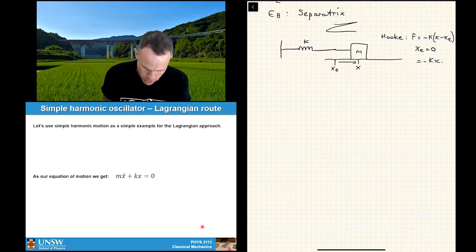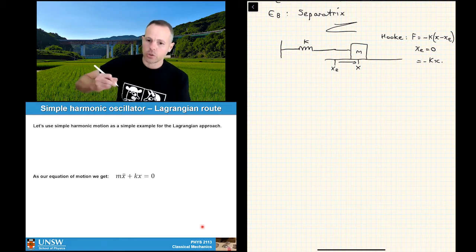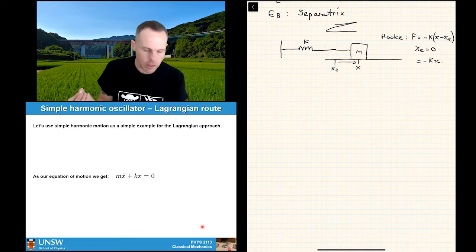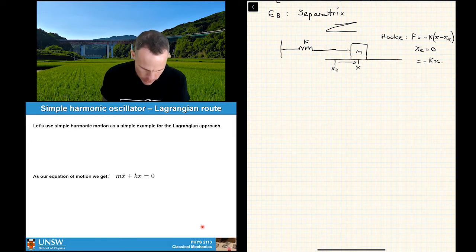So the normal Newtonian approach is you make the total force equal to the balance of all the forces. In this case, there's one, and then you make that equal to mass times acceleration via Newton's second law, okay? So the Newtonian approach here would mean we can get to our equation of motion almost directly.